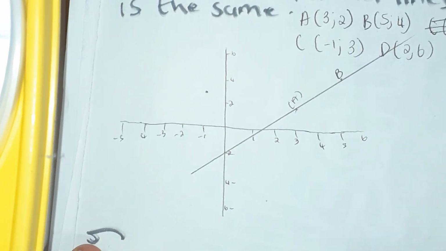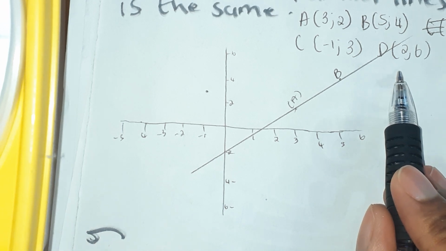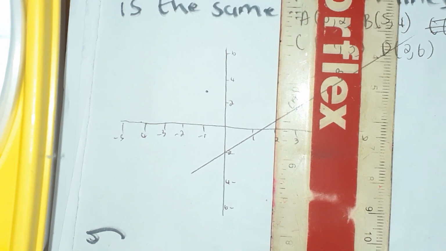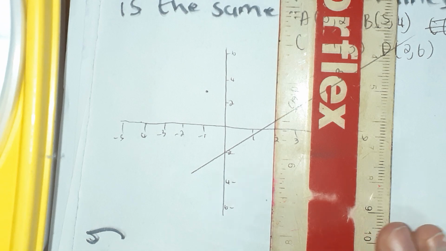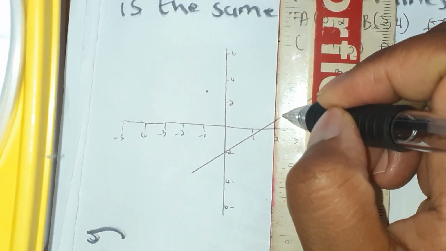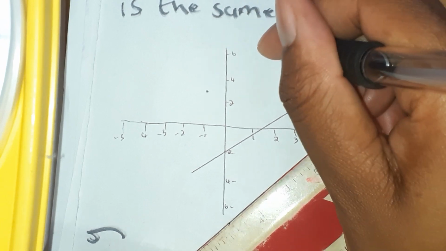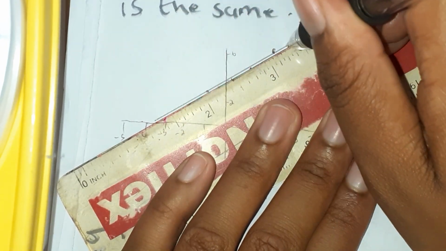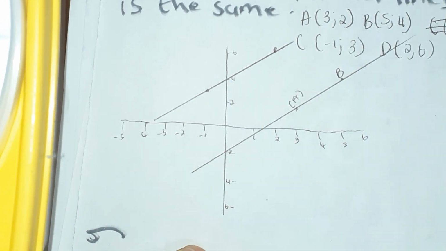And then another thing is that when x is 2, y is 6. So you see, this is that line. So these two lines are parallel.